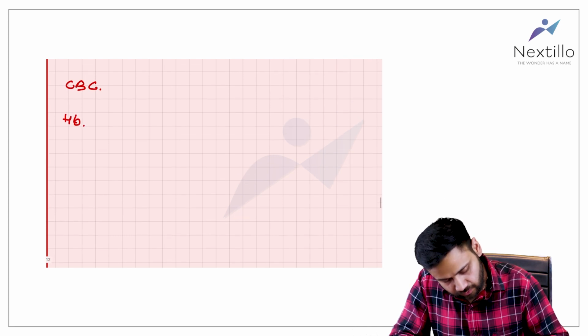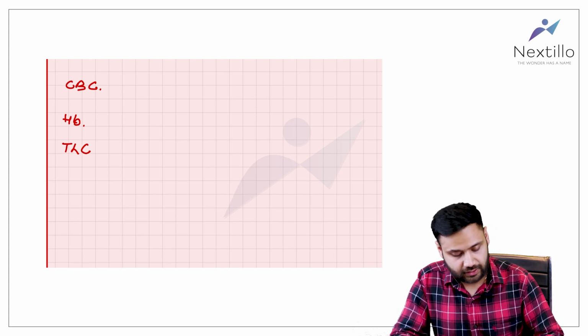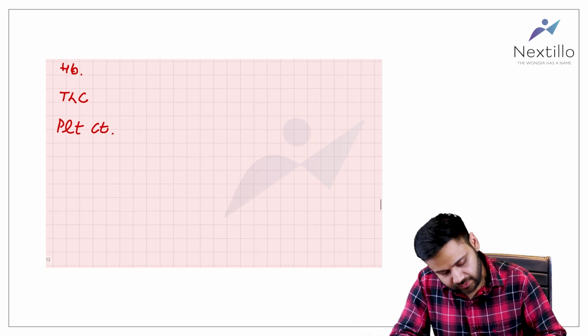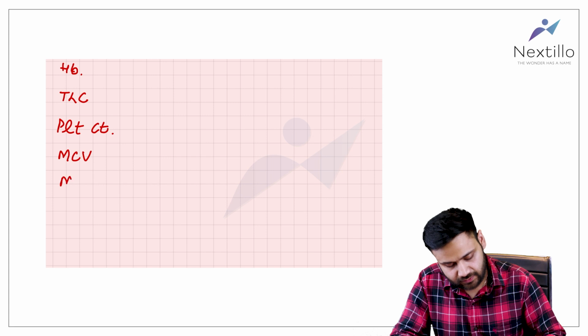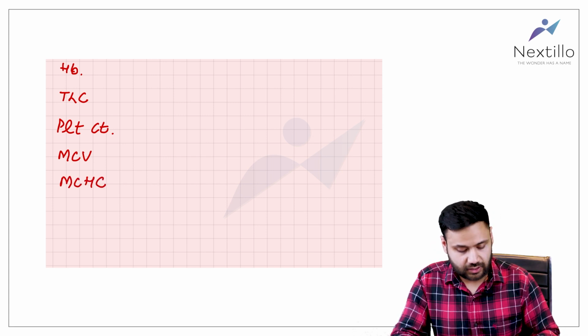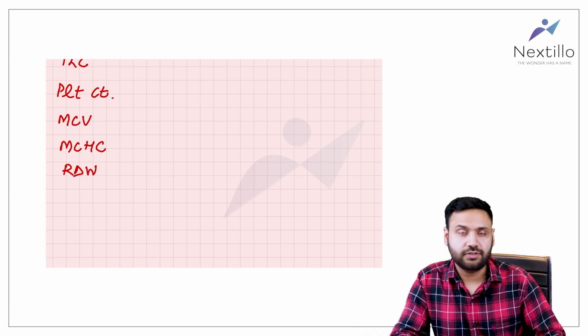The second value that we are going to study is total leukocyte count. The next one is the platelet count. The next is MCV, mean corpuscular volume, MCHC, mean corpuscular hemoglobin concentration, and the last one in CBC is the RDW, that is red cell distribution width.